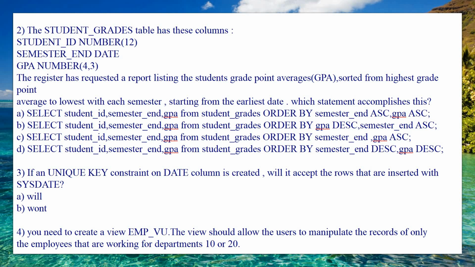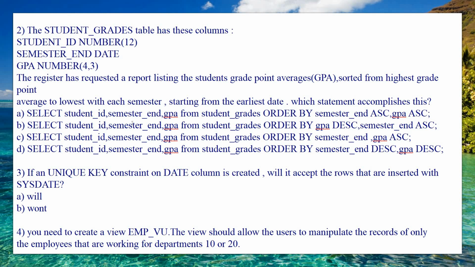For this, you need to find which query is suitable. By seeing the options, you can say the first thing is the GPA should be in descending order. So check that the GPA is descending and the semester end should be ascending. In other cases, GPA is in ascending.